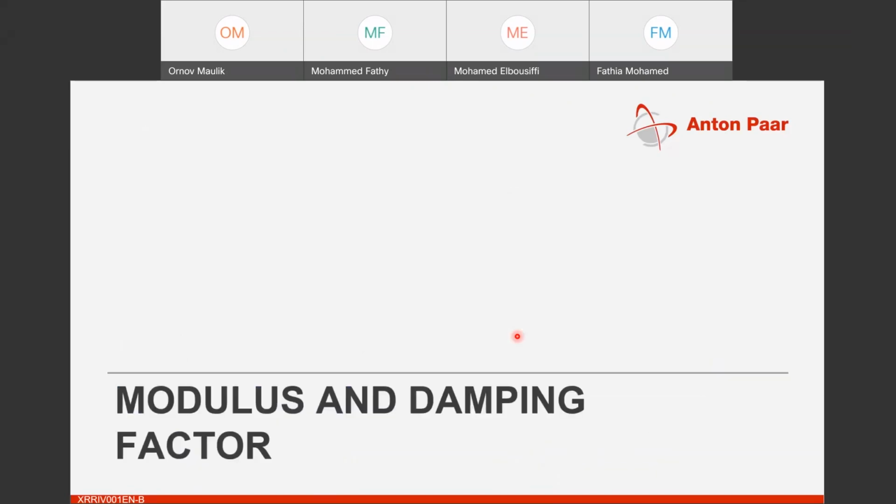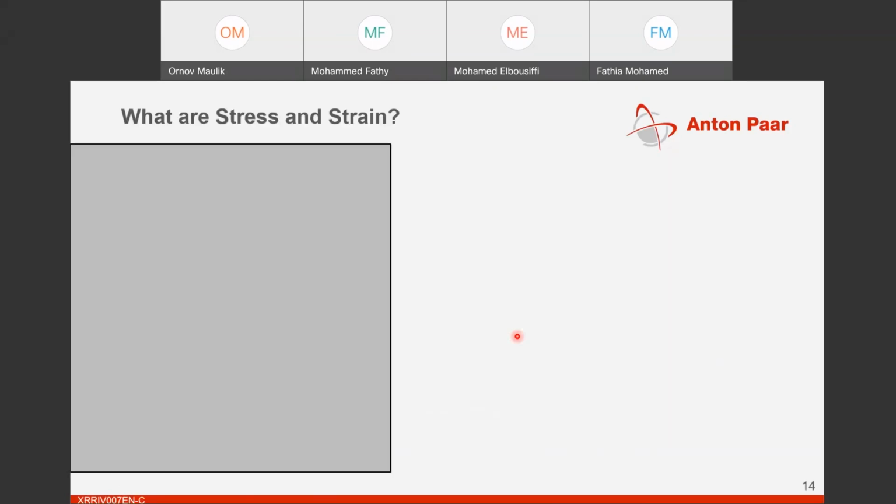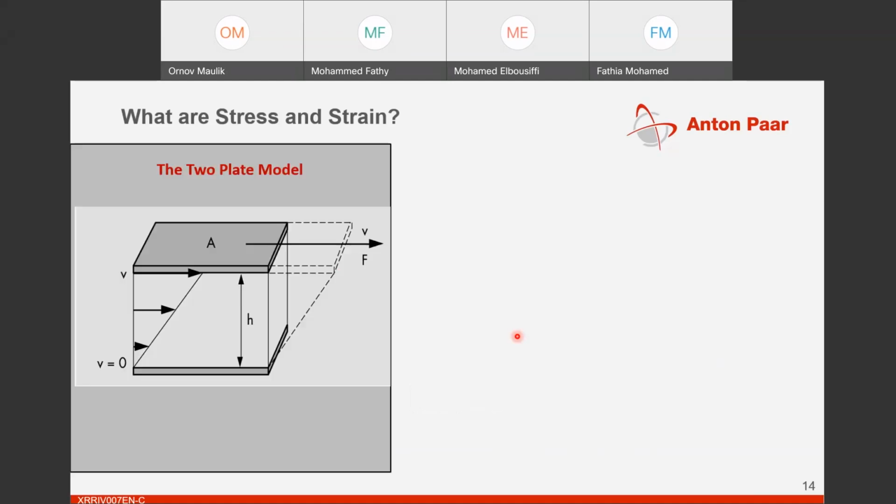Now, other parameters are modulus and damping factor. In order to understand modulus, first we need to understand what stress and strain are in terms of deformation. So again, we would consider the two-plate model where our sample is filled in between these two plates.